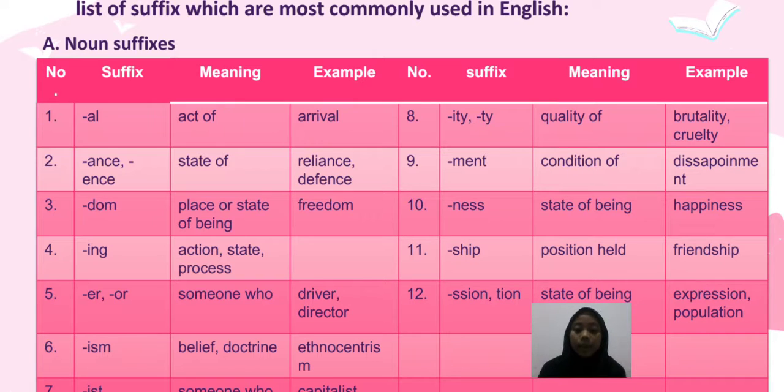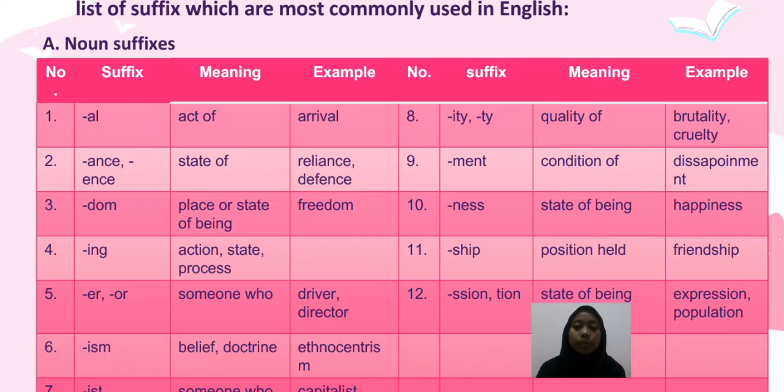Okay, I will explain a little more about the suffix before. A suffix is a word or group of words that is located at the end of a word and forms a new word with a meaning that is different from the original word.